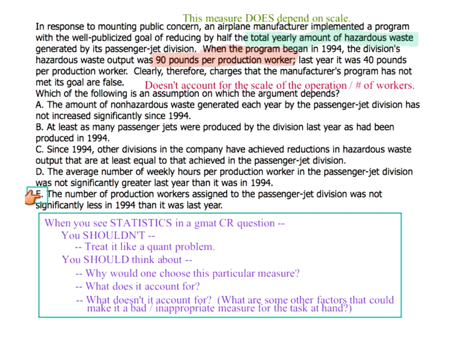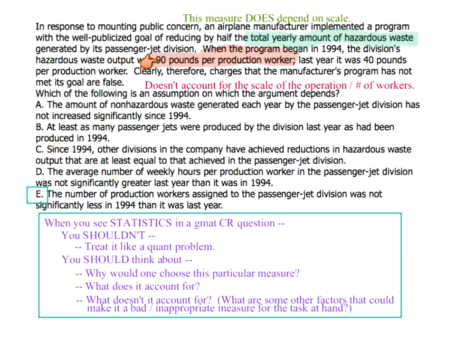If you make E false, then you would have a big decrease in the number of workers. That would be trouble, because this number might jump just by virtue of a smaller denominator.